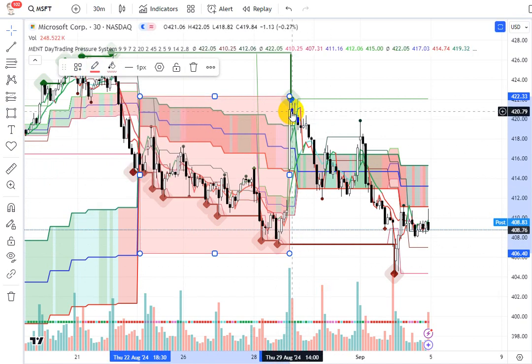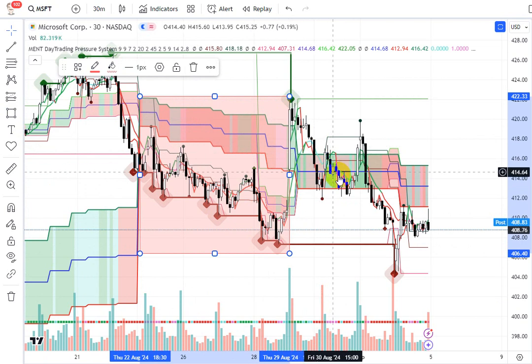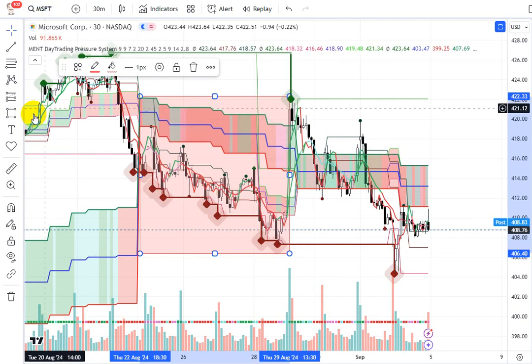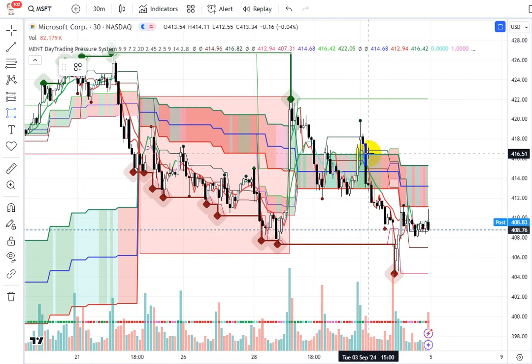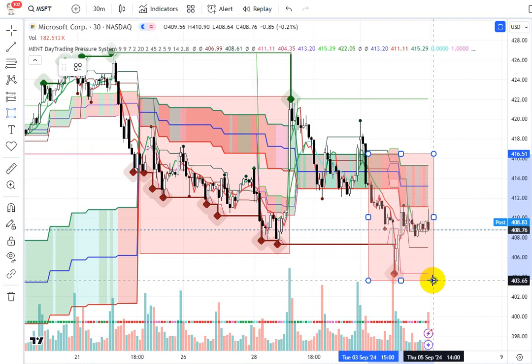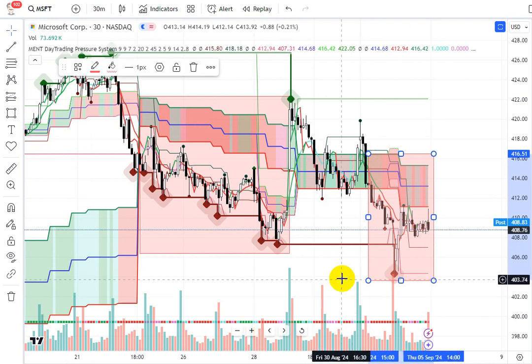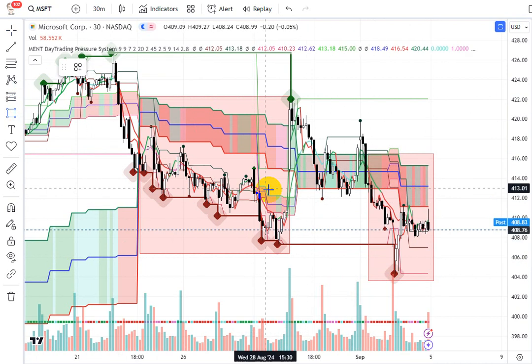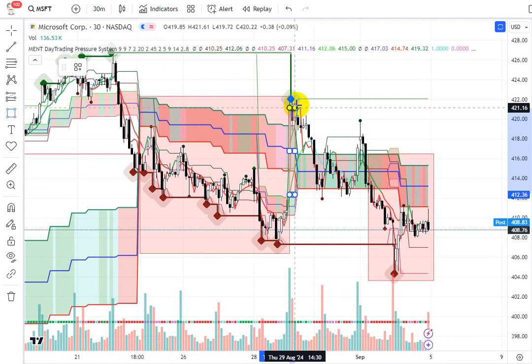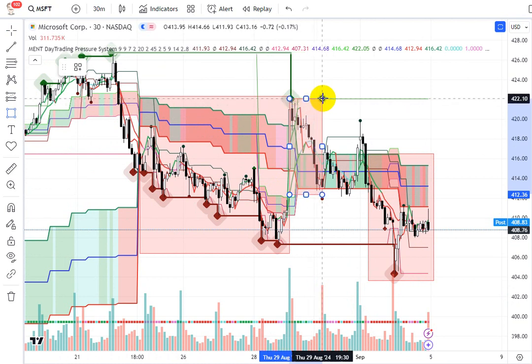Okay, we get above the unique ultimate 382 levels. We're bullish until we get below it. We get back below it right here. So at this point, we are bearish again into this level. We're slightly bullish right here because of this rotation. We go back into neutral trending right here.